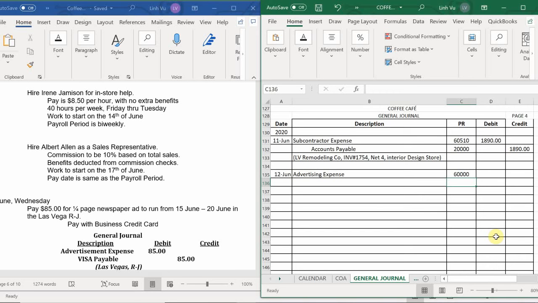If I use it, what happens? You have to pay for it. You have to pay for it, but do you have to pay for it now? No. So what does that become to us? A liability. It becomes a liability. So in your liabilities account, is there anything that looks like a credit card?